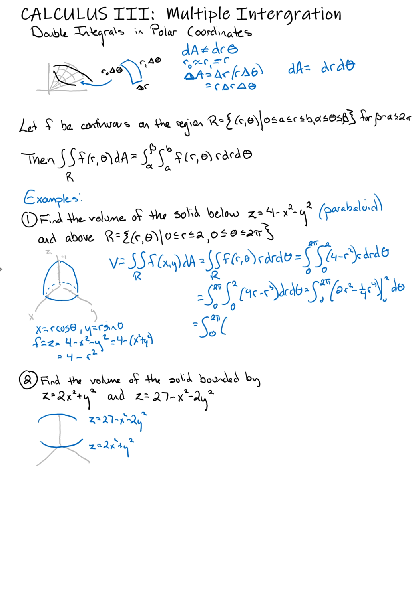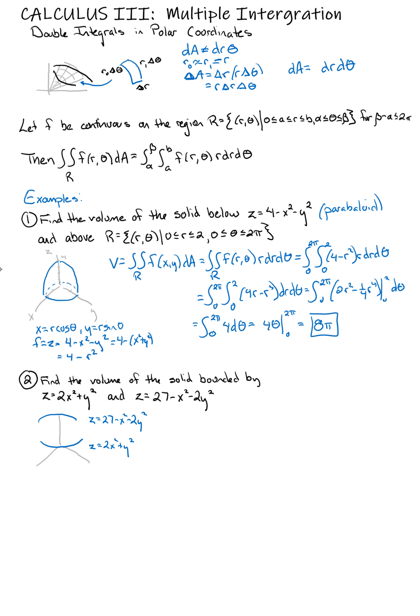That gives us 8 minus 4 minus, of course, 0, which is just 4 d theta. Oh, that's an easy one to integrate. That gives us 4 theta, evaluated from 0 to 2 pi, which gives us 8 pi. Well, there we go for the first one. Not so bad. Let's take a look at the second example.